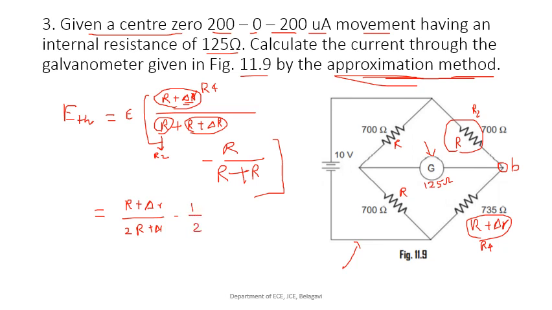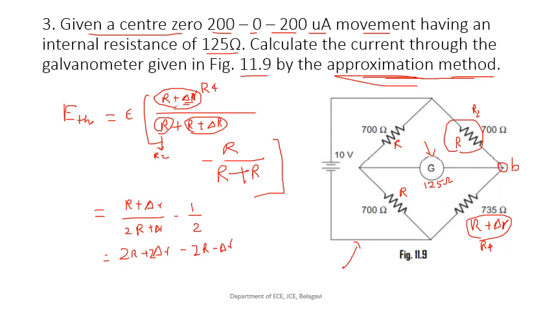Okay, minus 1 by 2. So if you simplify this, what you will get is 2R plus delta R, minus 2R, minus delta R, and here you will get 2 delta R.